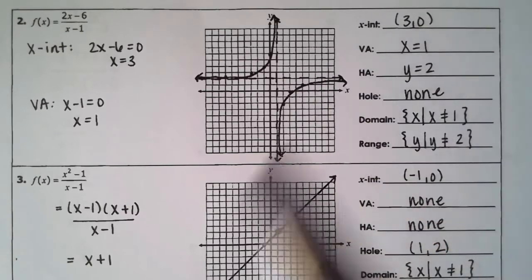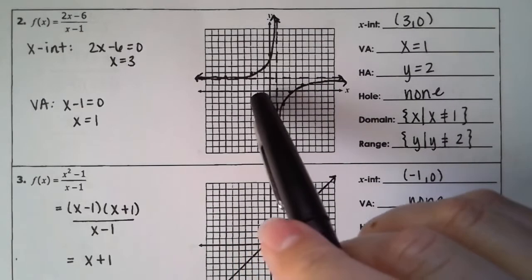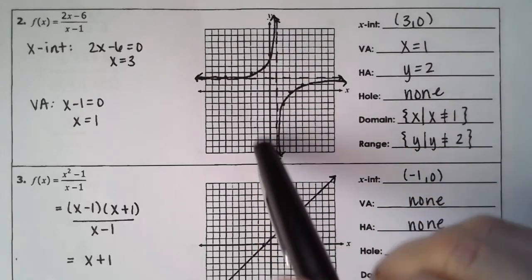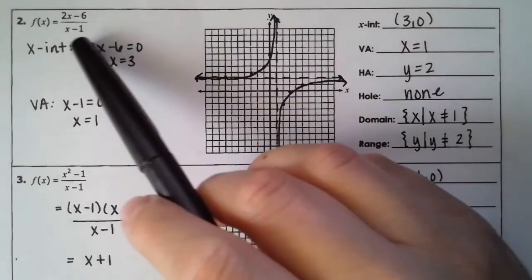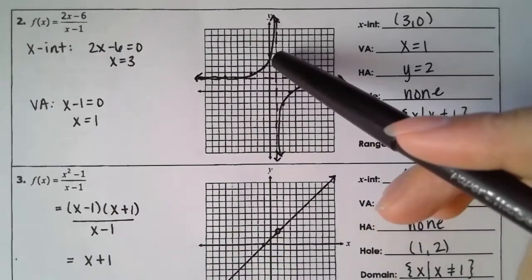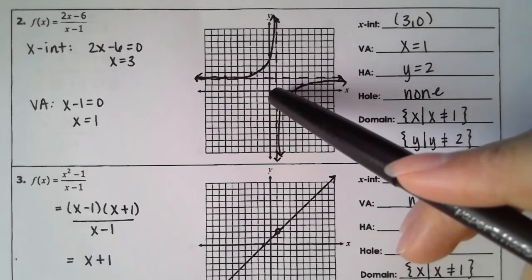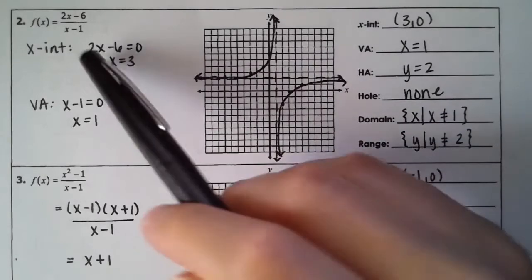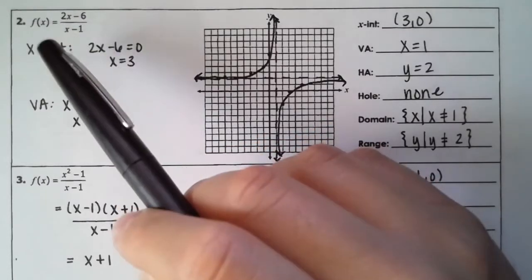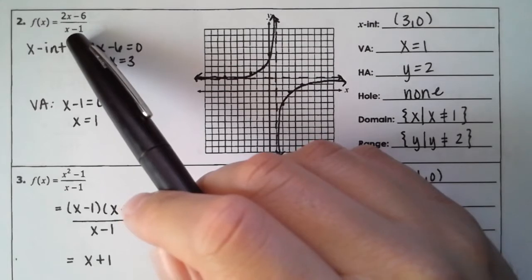Similarly, you can take some points now here. Thankfully I do have the y-axis available, so I can plug in 0. When I plug in 0, I'm going to get negative 6 over negative 1, which is just positive 6. So that's going to be this point here. Then I can plug in negative 1 as well. I'm going to get negative 2 minus 6, negative 8 over negative 2, and I'm going to get positive 4.